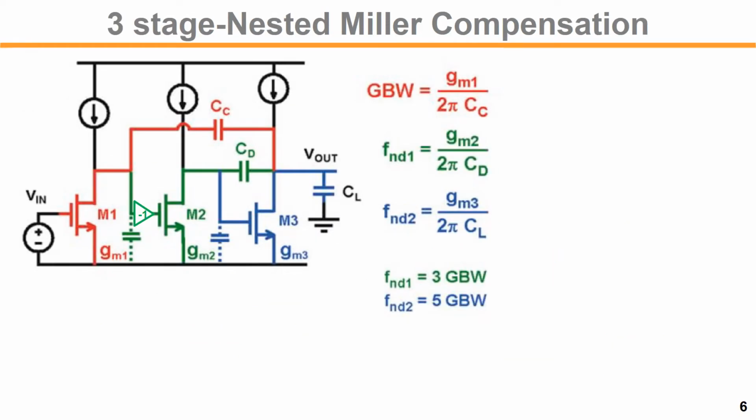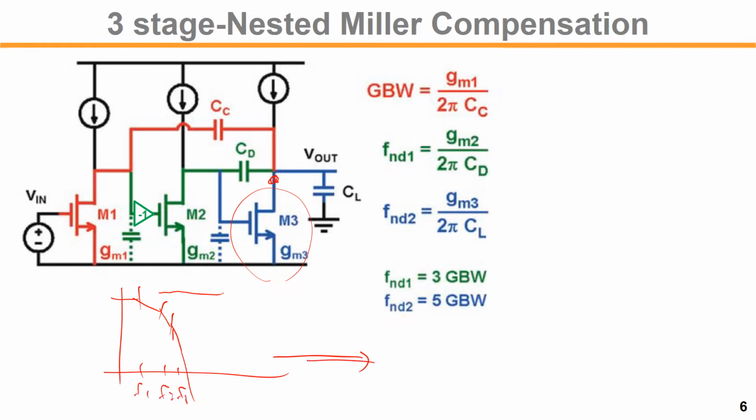If you add one more stage, we get this additional pole introduced. When you compensate this three-stage amplifier, you have poles 1, 2, 3, so F1, F2, F3.